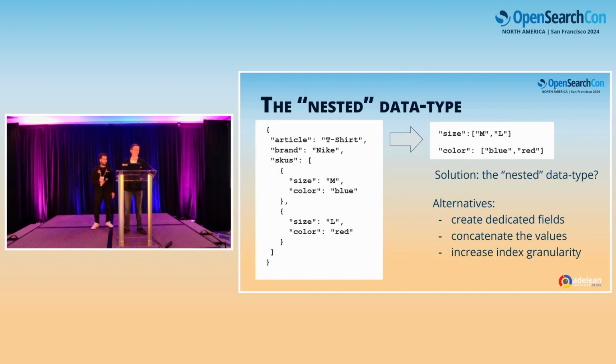Okay, you also have a feature that's called the nested data type. So in e-commerce, you have this hierarchical model. You have products, and then you have SKUs or variants. It's nice to have this feature, which is the nested data type.